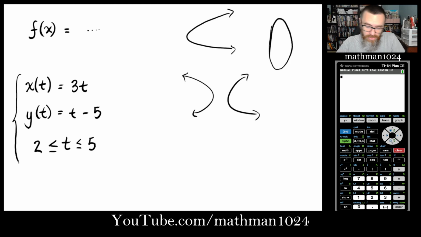So the x values behave like this. It's just going to be multiplying times 3 as t increases. But the y values are going to be t minus 5. So that's really the main gist of it, right? Each x and y will be represented by its own function in terms of t.